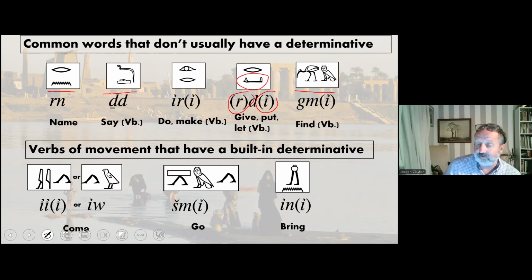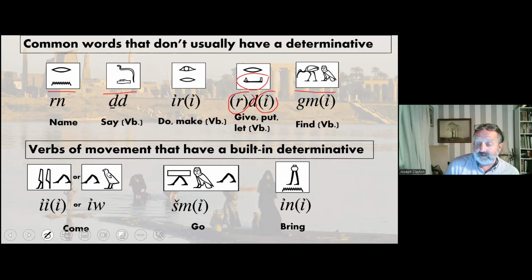I think this is one of those cases with ready, to give or to put, where you find that it has something to do with it, but it's not a good rule to follow. You will come a cropper, as they say, if you follow that rule all the time, because the vast majority of signs are used phonetically for biliterals anyway.